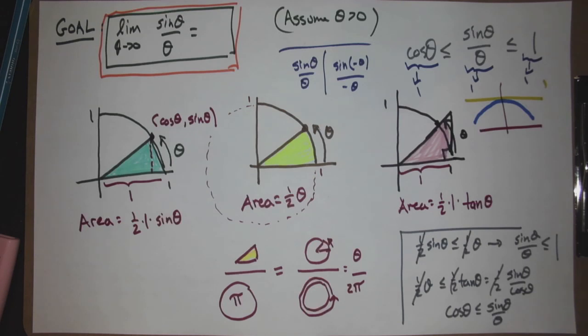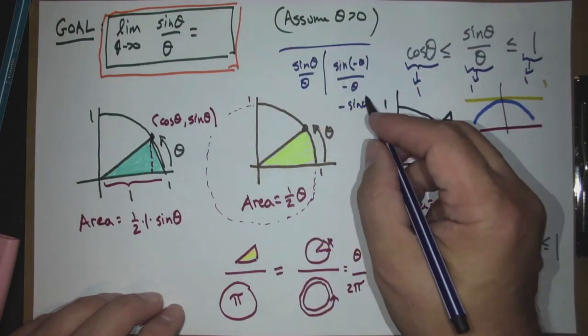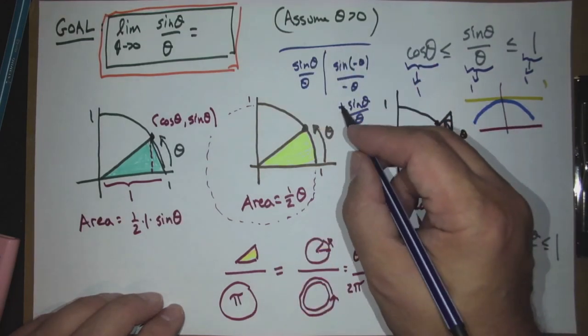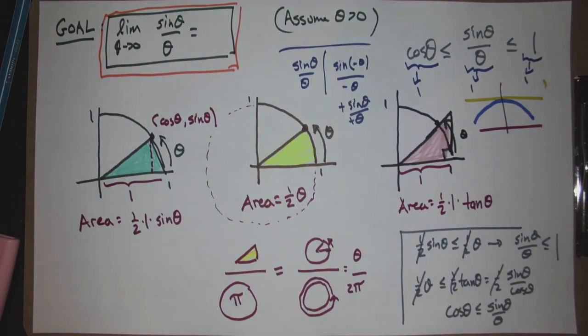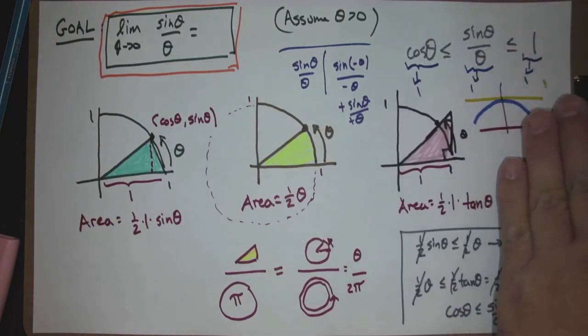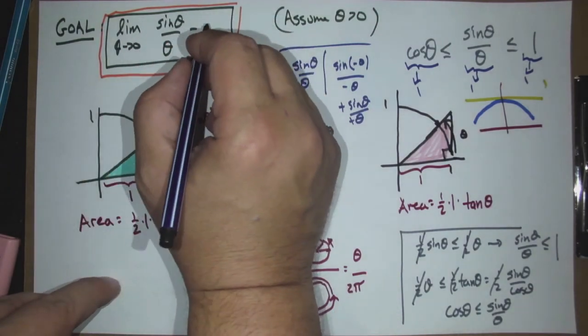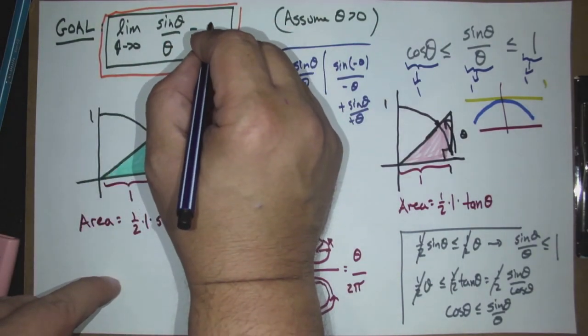See, sine is a very unusual, strange, weird, odd function. And in odd functions, you can pull the negative out. So this is negative sine theta over negative theta, and two negatives make a positive. So what it means is that there's symmetry. Whatever happens on the right happens on the left. So you can basically flip it over. So this is true from both sides. So sine theta over theta goes to 1.